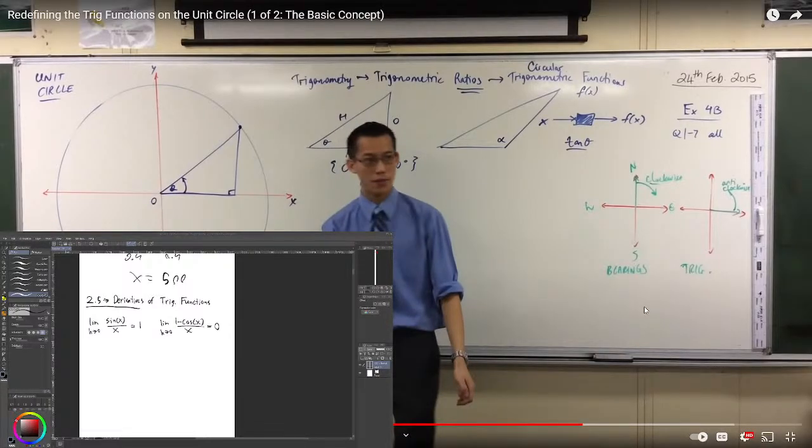I remember why x is signed now. It's because the hypotenuse is 1, because the radius of the unit circle is 1. So you put opposite over hypotenuse, that's sine.